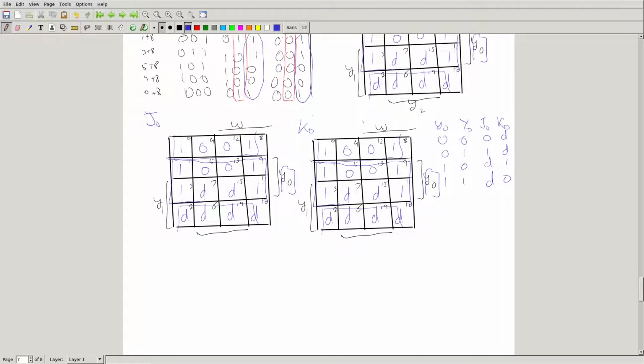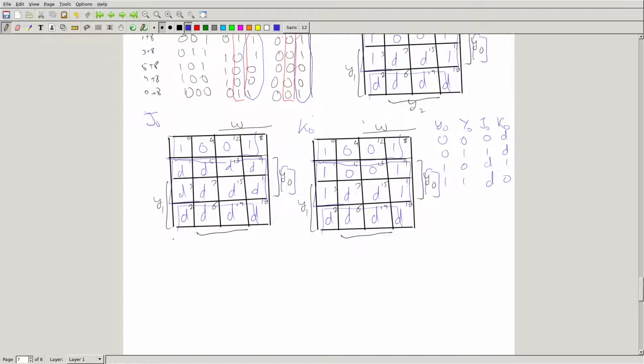So wherever y0 is 1, j0 is going to be don't care. So y0 is 1 here, so all of these will become don't care, okay? And the rest of the K-map remains the same.